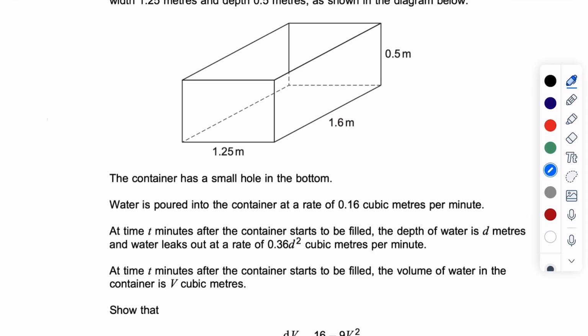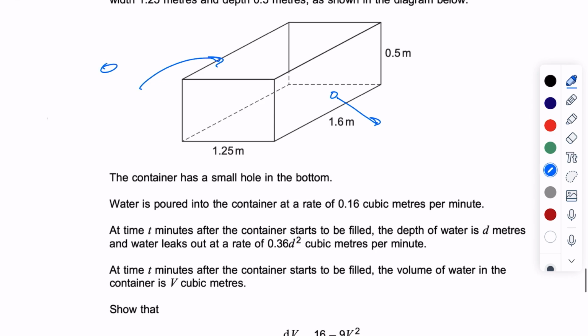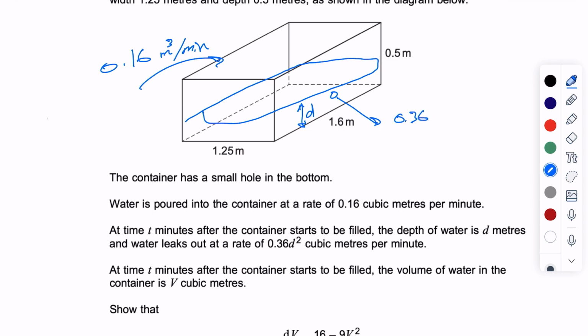Okay, number 6 is that there's a container here that has a small hole in the bottom, and the water is coming out as it's being filled in, and it's being filled in at 0.16 cubic meters per minute. And we have basically a water level that is a depth d, and the water is coming out at 0.36 d squared cubic meters per minute.